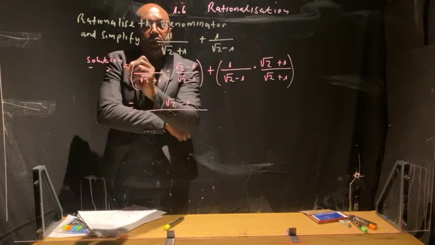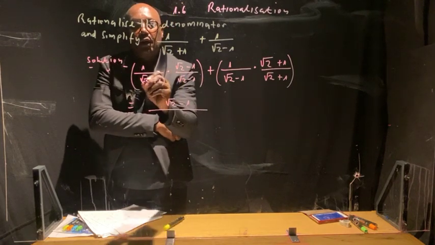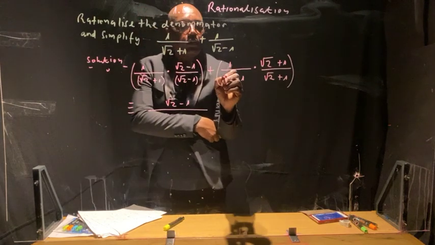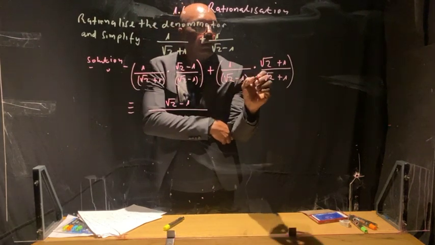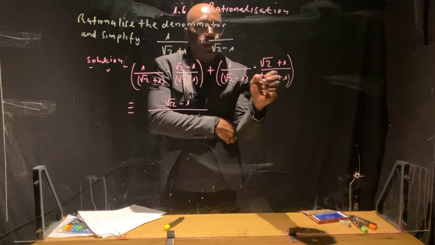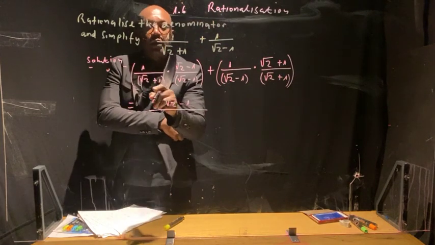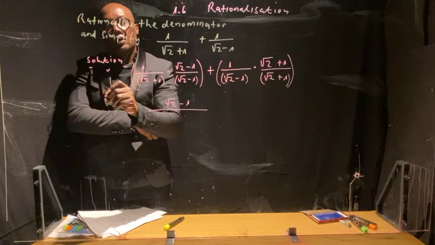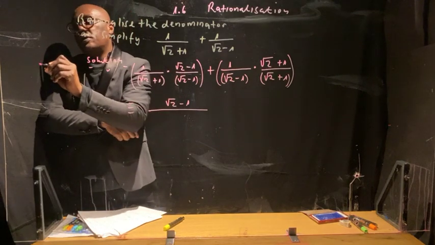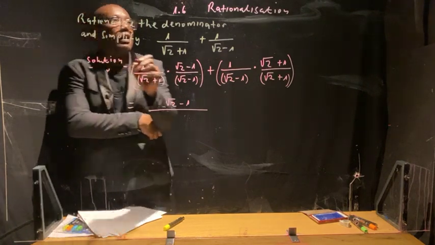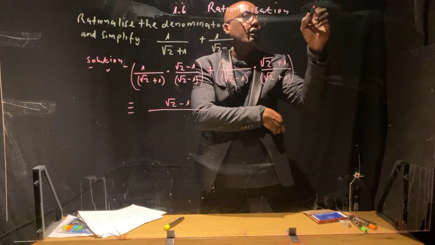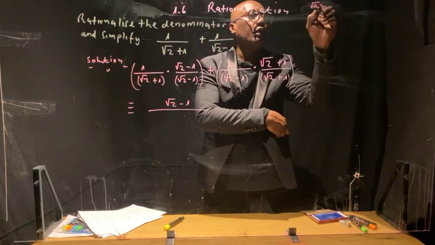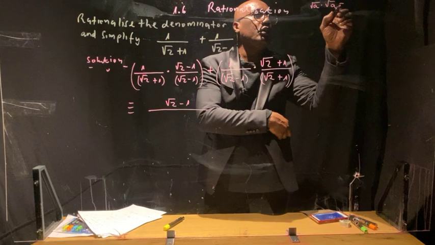And the denominator, let's correct this one as well and make it neat. Root 2 multiplied by root 2 is equal to, remember, root a multiplied by root a is equal to a.